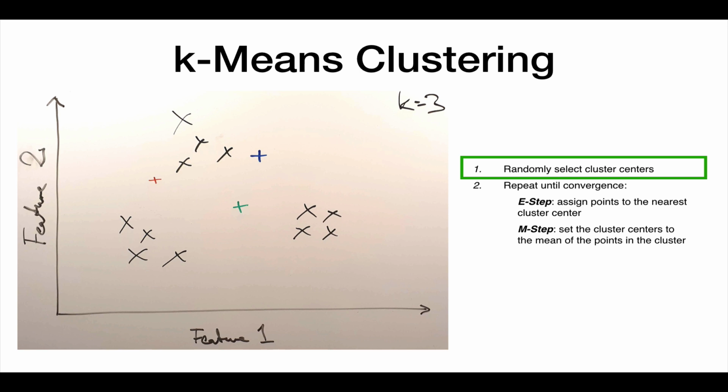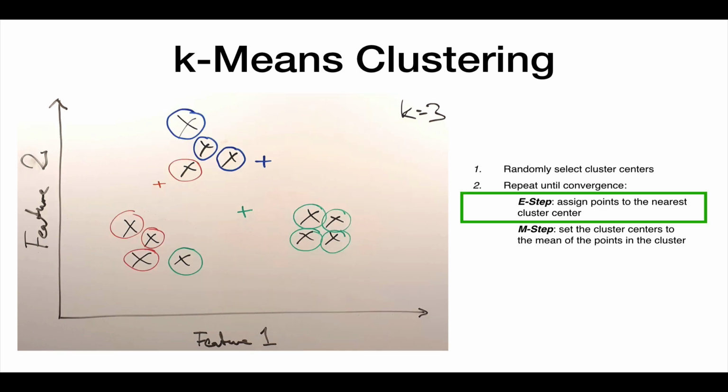Now we will start our k-means clustering loop by firstly assigning each data point to a cluster mean. So you will select the cluster of the nearest cluster center.